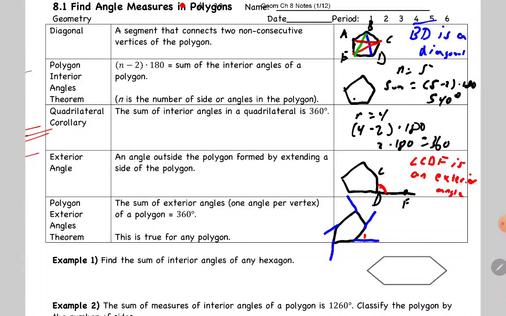Let's call this angle 1, angle 2, angle 3, angle 4, and angle 5.